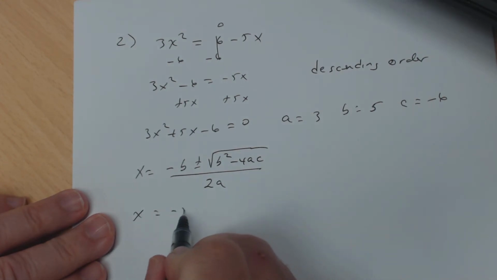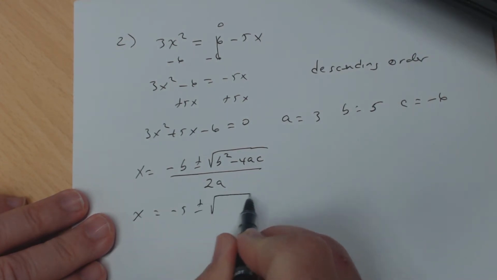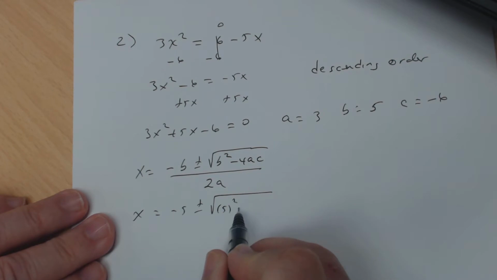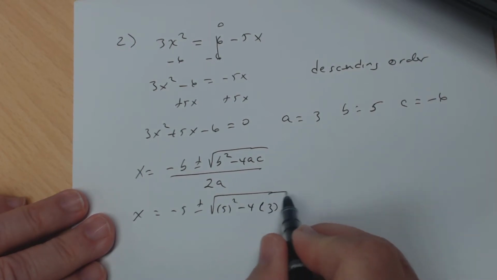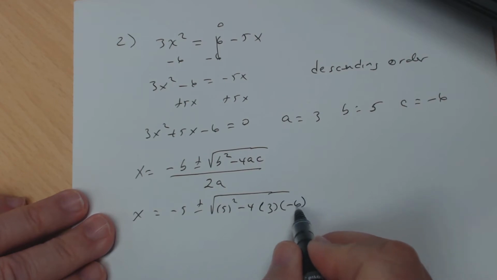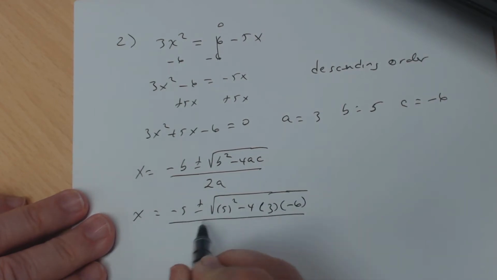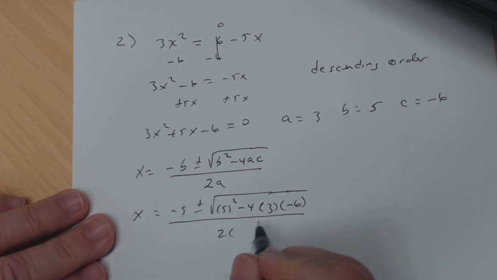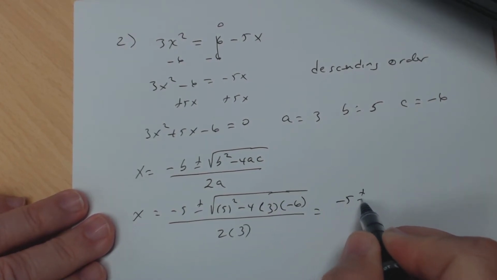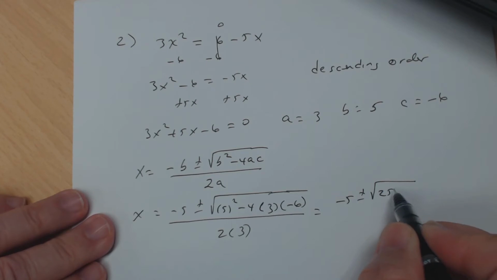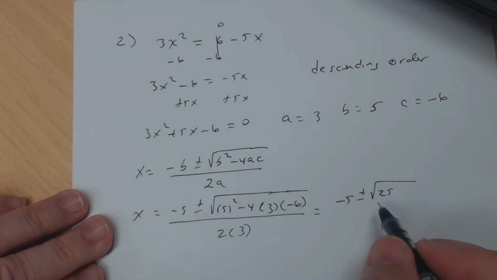The opposite of 5 is negative 5, plus or minus the square root of 5 squared minus 4 times a, which is 3, times c, which is negative 6, all over 2 times a, which is 3. So I get negative 5 plus or minus the square root of 25, and 5 squared is 25.